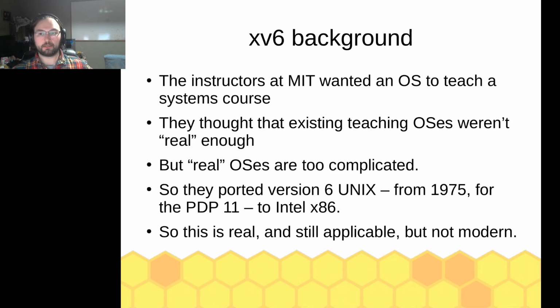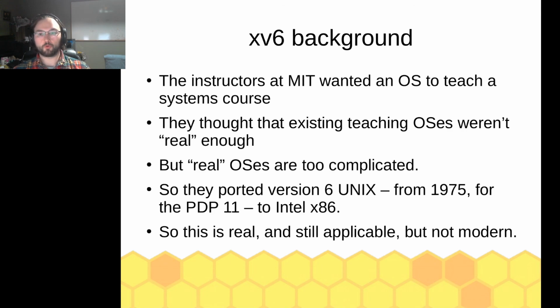Unix is the basis of the design of the Linux operating system. Unix is a direct ancestor of all the BSD Unixes, which include Mac OS. So looking at a historical Unix is a reasonable thing to do. These instructors from MIT ported version 6 Unix, which was released in 1975 for the PDP-11 minicomputer, to Intel 32-bit x86.